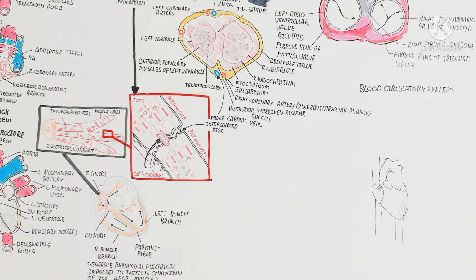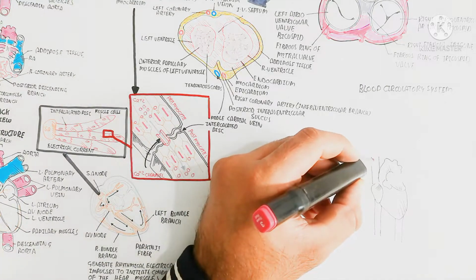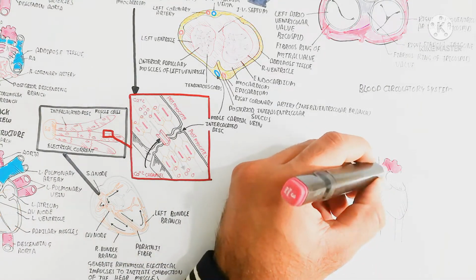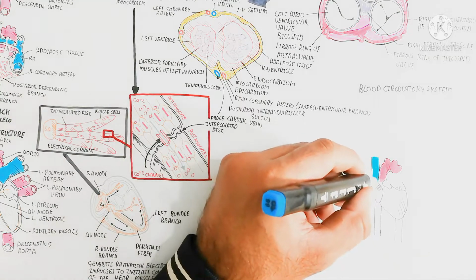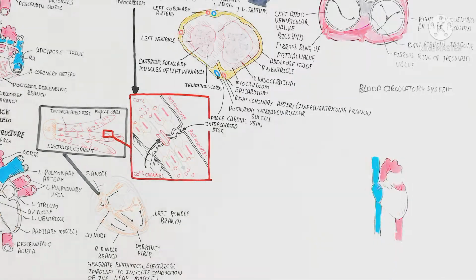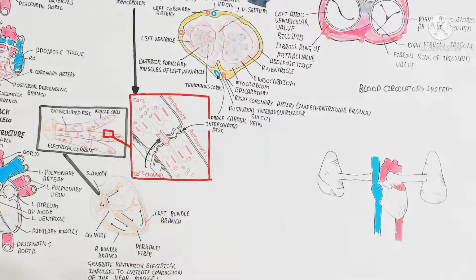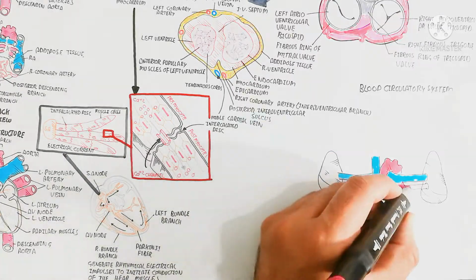Let's begin to understand the blood circulatory system. In this diagram, this is the heart, which contains the aorta and the superior and inferior vena cava, shown in blue color, while the red color shows the descending aorta and aortic arch.